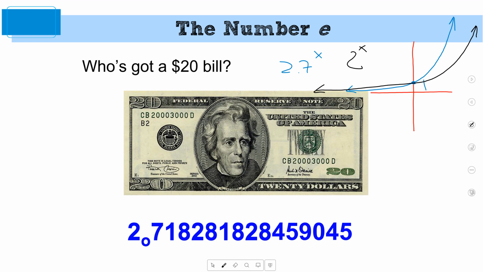Which would then mean, if you stay with that logic, what would 3 to the x look like? It'll be steeper. Good, and you are correct. When the base of the exponent gets bigger, the graph gets steeper for exactly the reason she explained. It's a bigger number.